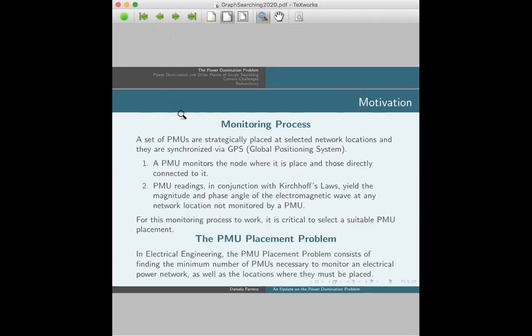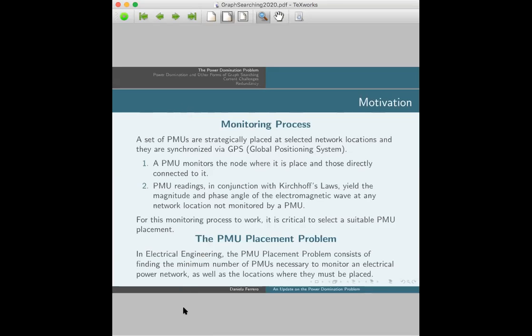We have a set of PMUs strategically placed at selected network locations so that they provide enough information to reconstruct the electromagnetic wave at any node without a PMU. They have to be synchronized because we want real-time information. So basically, there is a process in which we are constantly reading and calculating new values.